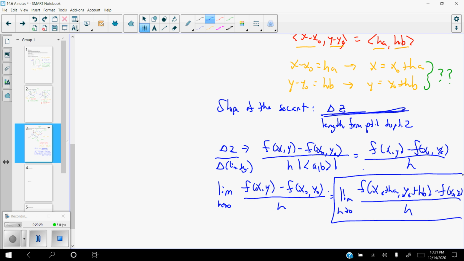That is the definition of a derivative in a non-specific direction, in the direction of a unit vector.